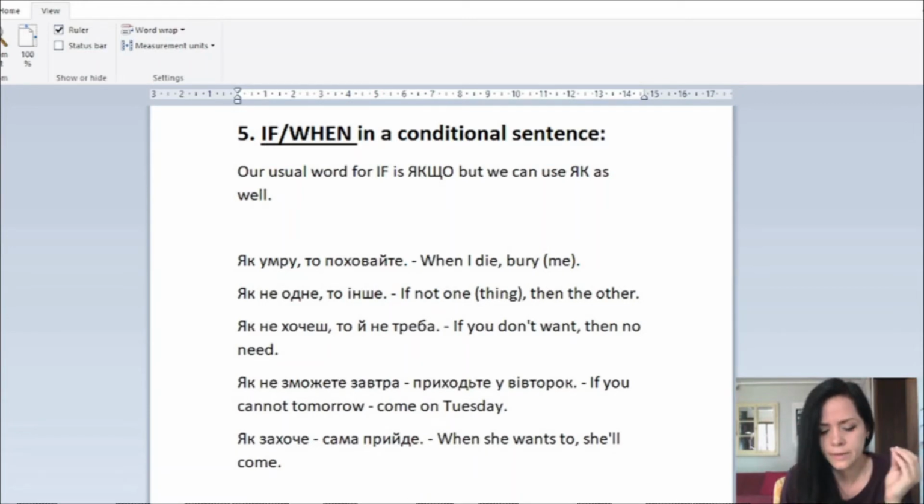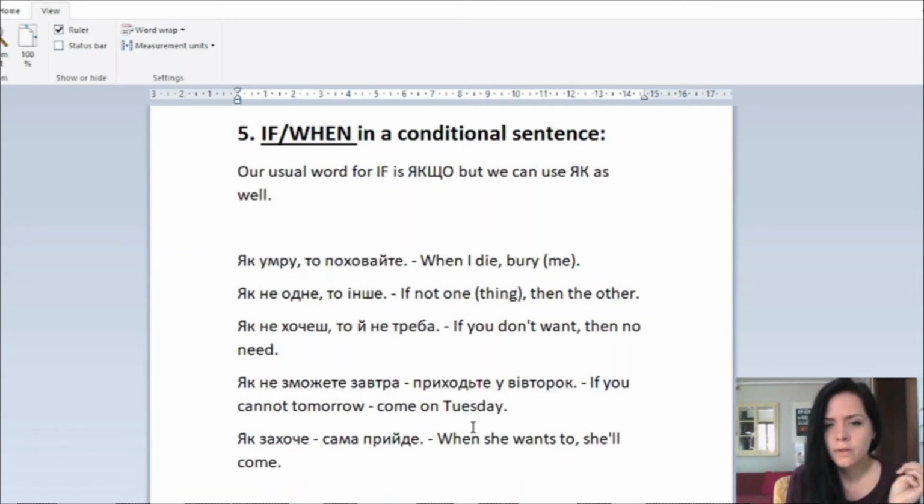Sort of gives us a condition, the circumstances under which this other thing can happen. So usually in Ukrainian, for conditional sentences, we would say якщо, okay? Якщо directly, exactly means if. But we can also use як just as well instead, okay?